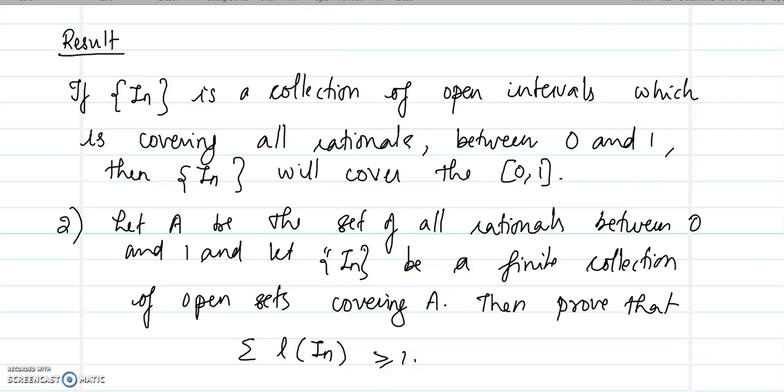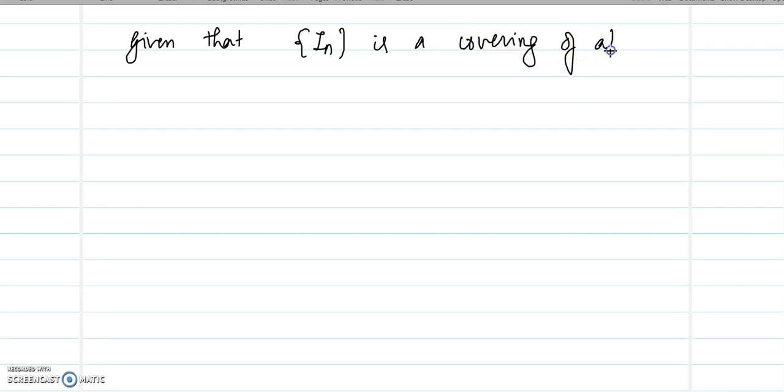So let us use the previous result. It is given that the sequence I_n is a covering of all rationals between 0 and 1.